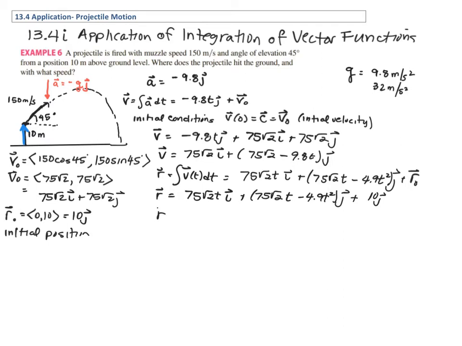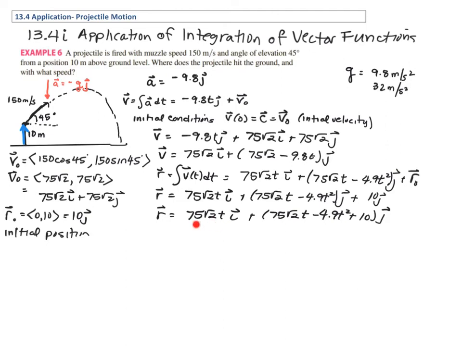Combining that in with the other j components, 75 square root of 2 t times i plus 75 square root of 2 t minus 4.9 t squared plus 10 times j.